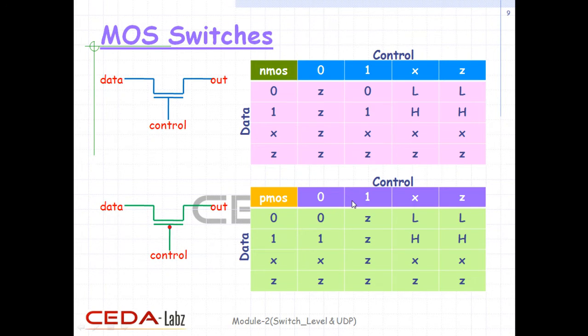The symbol L stands for 0 or Z. H stands for 1 or Z. Thus, the NMOS switch conducts when its control signal is 1. If the control signal is 0, the output assumes a high impedance value. Similarly, a PMOS switch conducts if the control signal is 0.